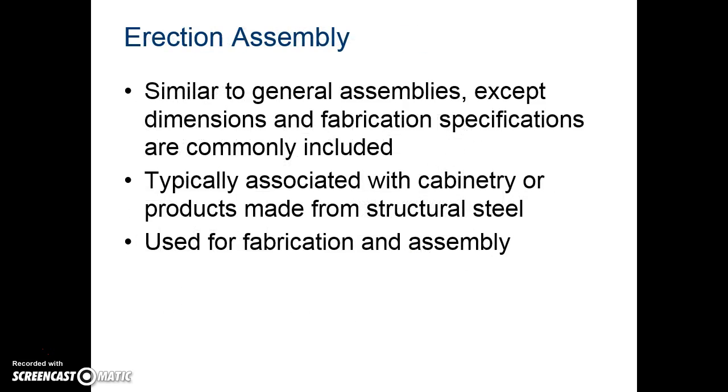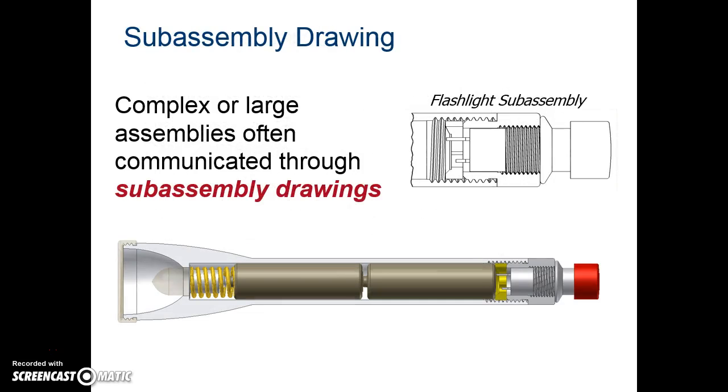An erection assembly, similar to general assemblies, except dimensions and fabrication specification are commonly included. Typically associated with cabinetry or products made from structural steel used for fabrication and assembly.